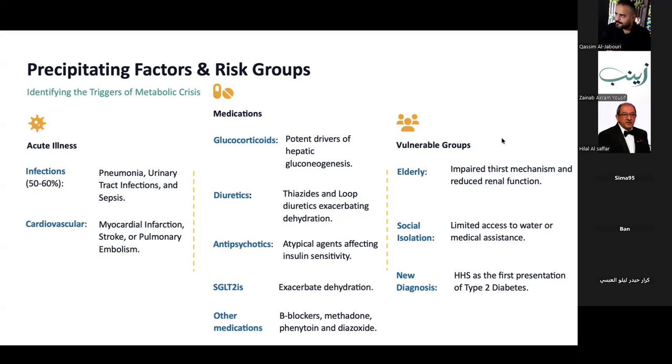Also seen among patients who have limited access to water for various reasons, whether social reasons, deprivation, etc. And as we said earlier, a third of the patients present with HHS as the first presentation of their diabetes.